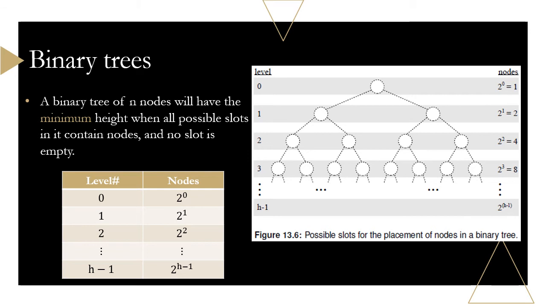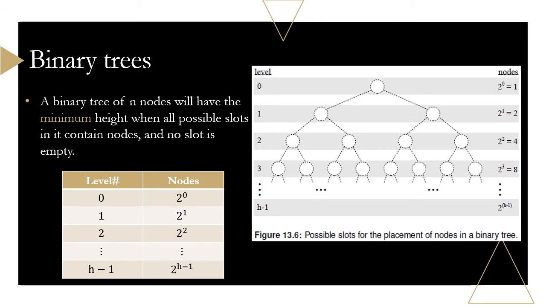Consider this table. In the 0th level, there is only one slot for a node. So this is 2 to the power 0. Level number 1 can accommodate 2 nodes or 2 to the power 1. Level number 2 can accommodate 4 nodes or 2 to the power 2.